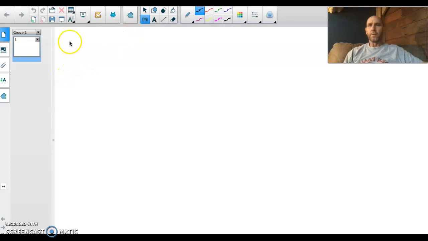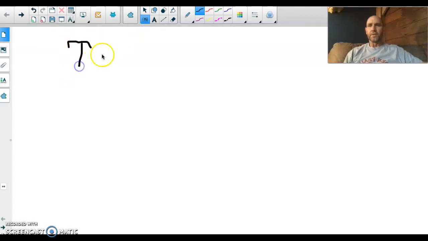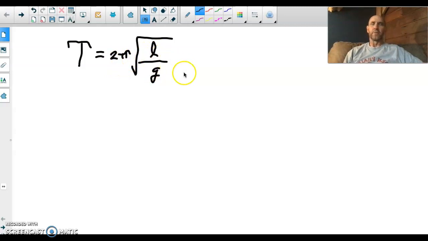Hopefully you all found the period, which has a symbol of a capital T, a scripted T, for a pendulum. This is at the end of your lab manual: the square root of L over g. The whole thing is square rooted. So this is a constant, and then L over g.